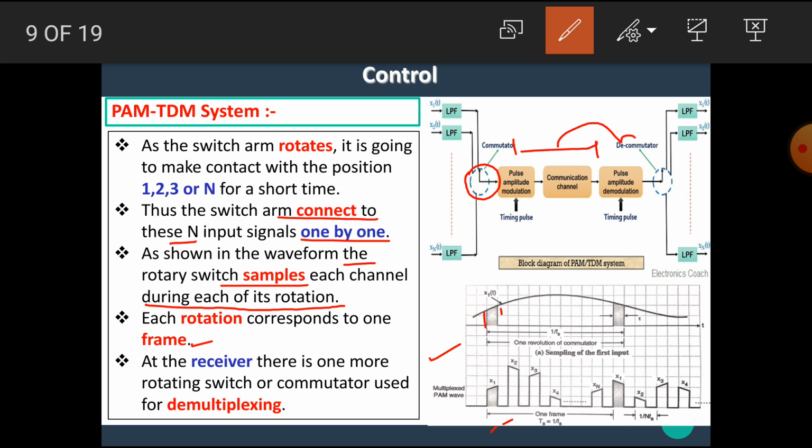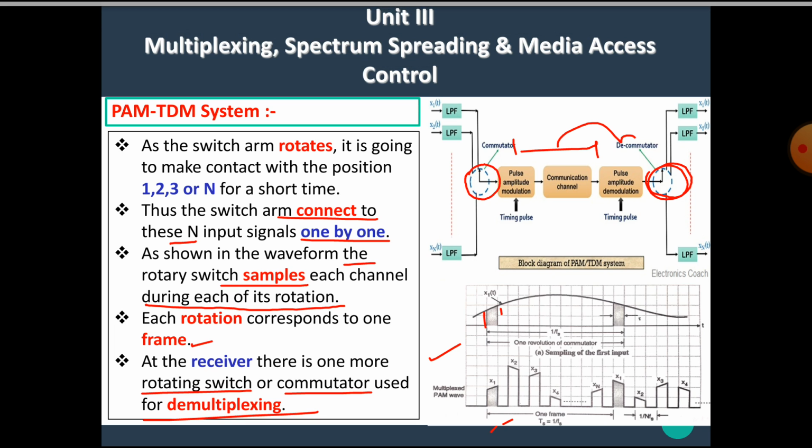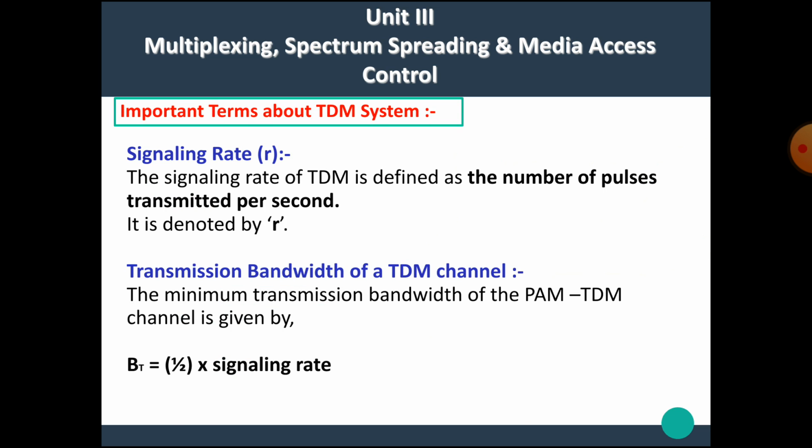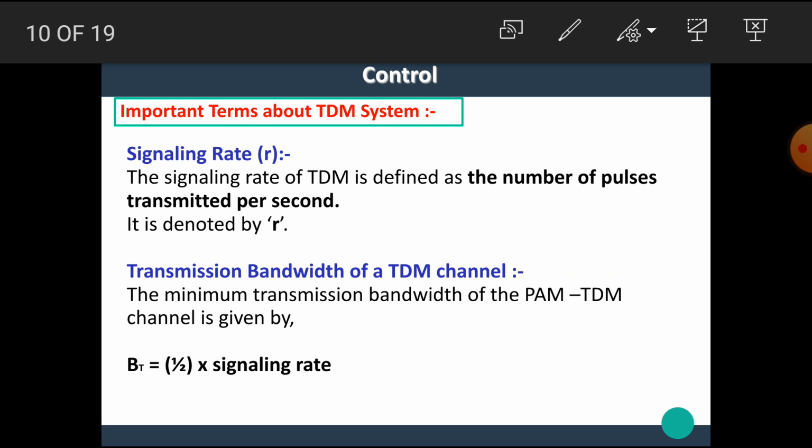At the receiver, there is one more rotating switch or commutator used for demultiplexing. This is another rotating switch used for the demultiplexing purpose. I hope you all understand the PAM TDM system.